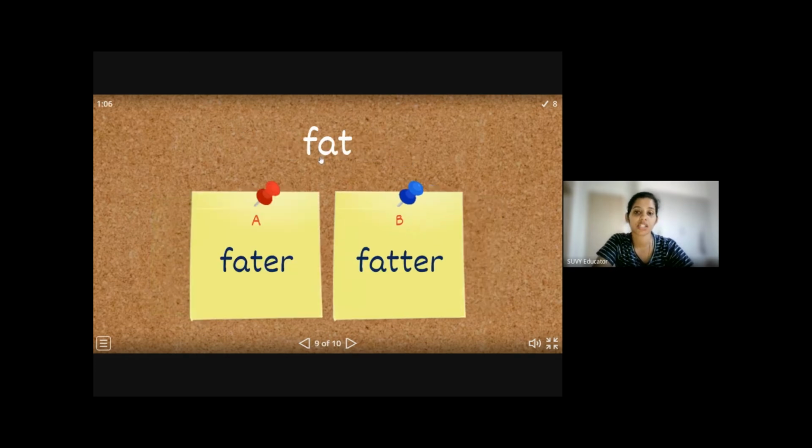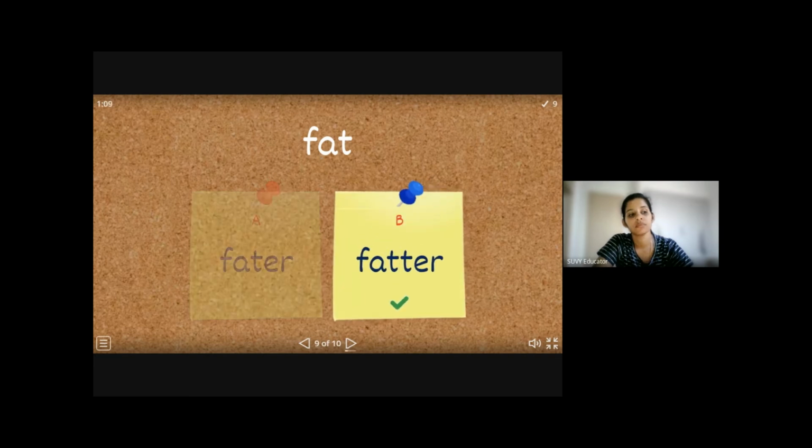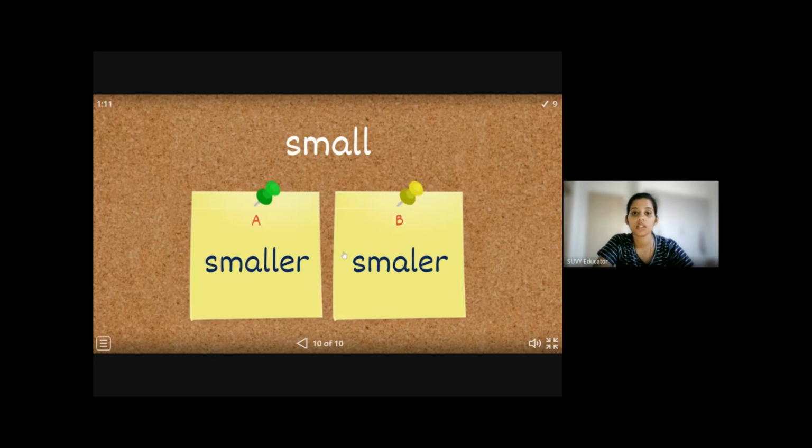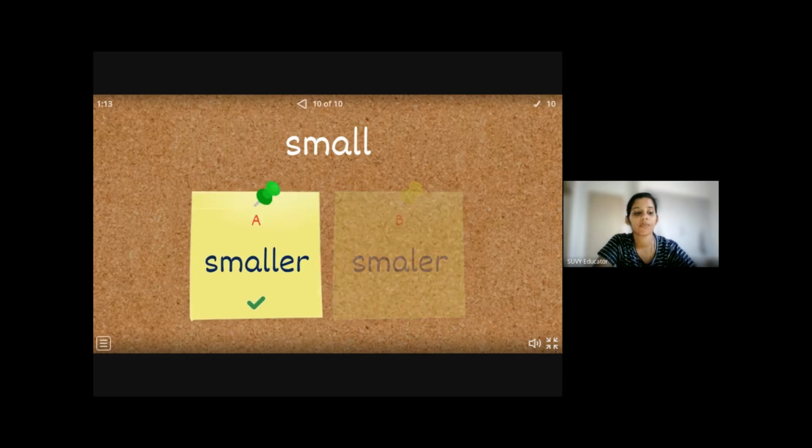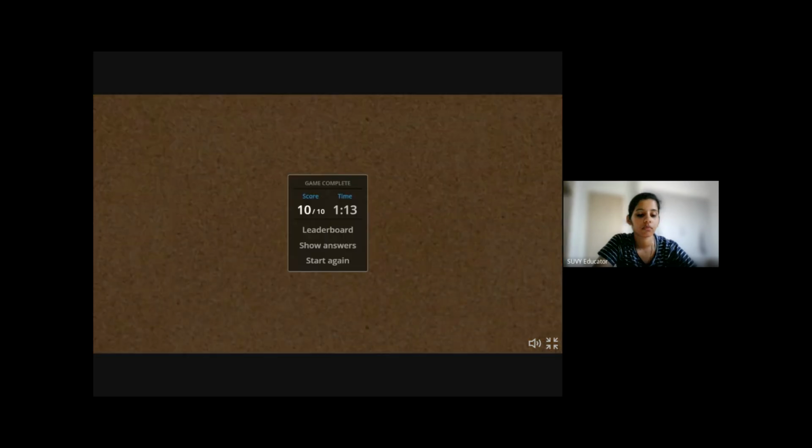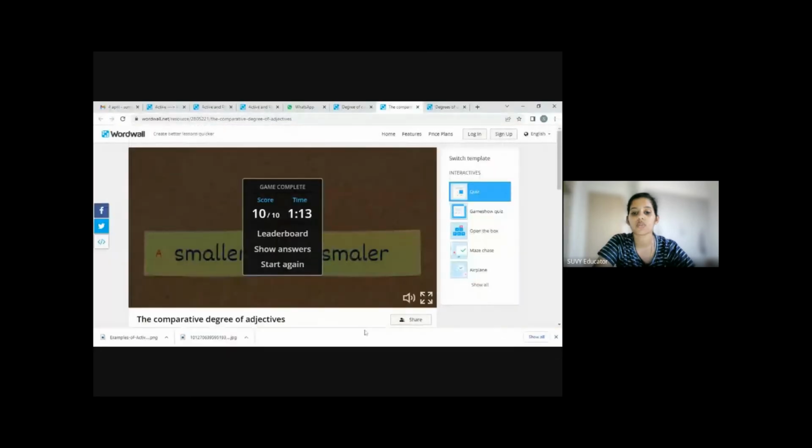So fat. Fat has a double T and it has to be fatter. Last one, small. Again, this has a double L, smaller. So all that was correct.